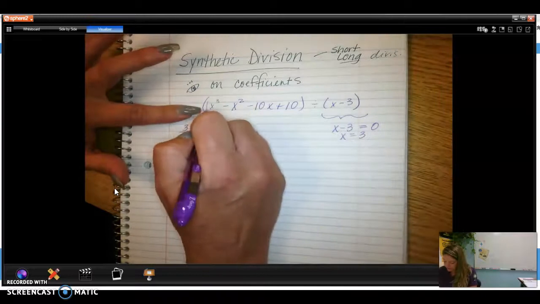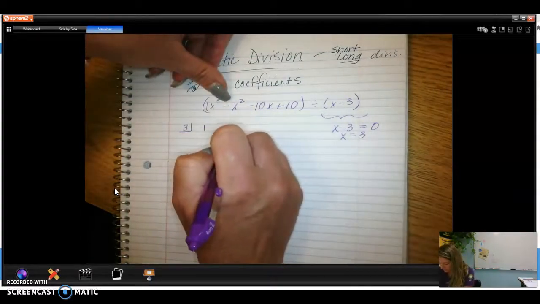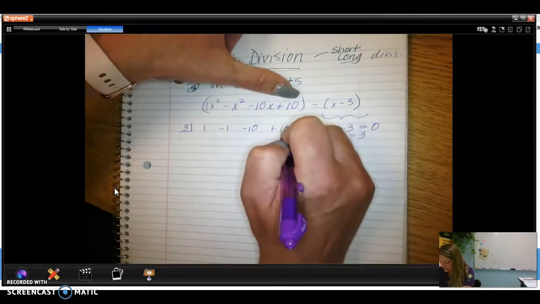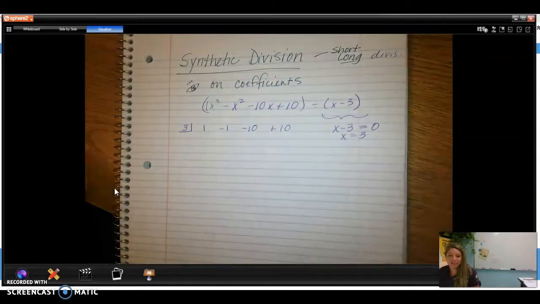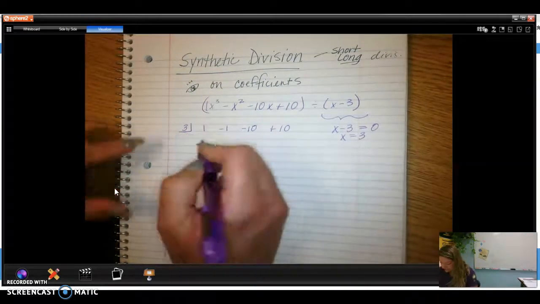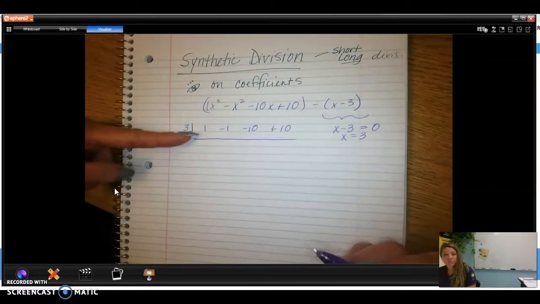In front of this x cubed is a 1, then a negative 1, then a negative 10, and then a positive 10. I did say this in class today, but it takes me longer to explain how synthetic division works than it does to actually do it, okay? You're going to skip a line on your notebook paper. We need this space, so definitely skip a line on your notebook paper, okay?